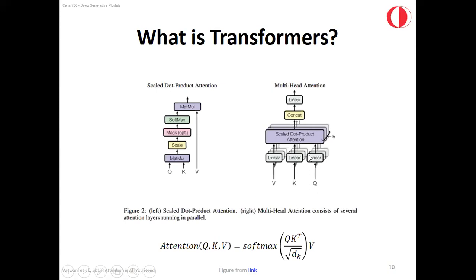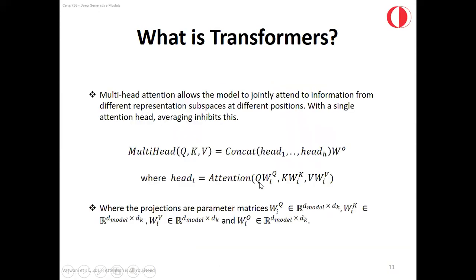After that, we put it into the multi-head attention. As you all know, we concatenate all the head attentions and multiply with the parameters. This is actually a model parameter, I think.